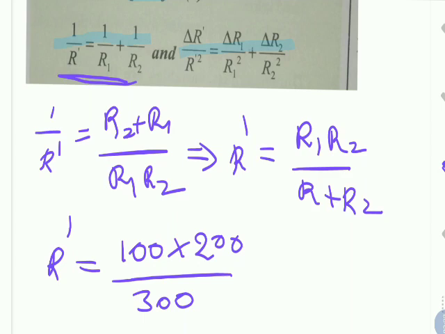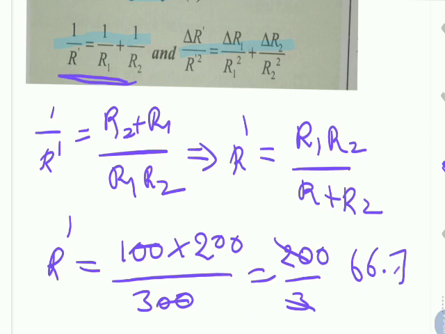So, cancelling, 200 by 3, this value, 3 6 18, again 26, it's getting 66, so 66.7.